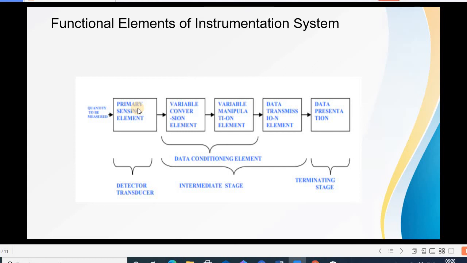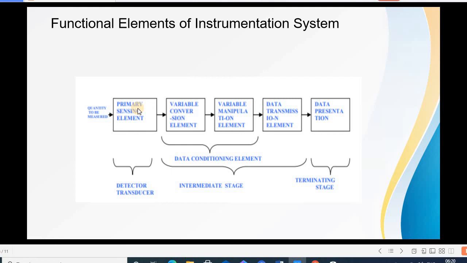It is not always necessary to use a variable manipulating element. Some examples in nonlinear systems are modulation, detection, sampling, and filtering. These are performed on the signal to bring it into a desired form that can be accepted by the next stage of the measurement system. This process of conversion is also known as signal conditioning.